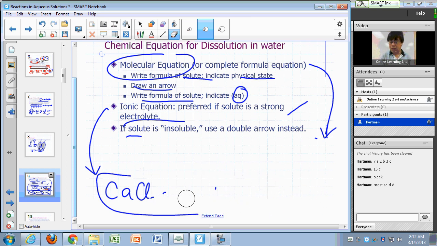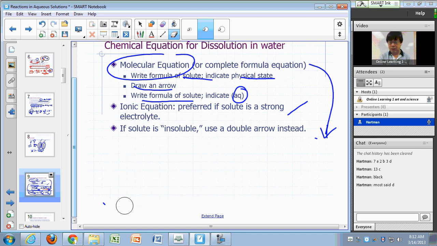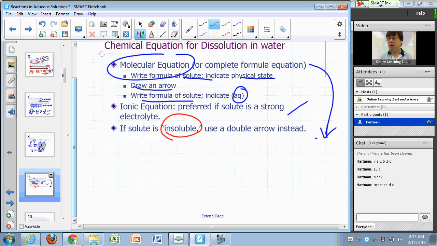Now, the question is, why are we talking about the dissolution of something that's insoluble? When we say something is insoluble, we don't really mean zero solubility. What we actually mean is very low solubility.